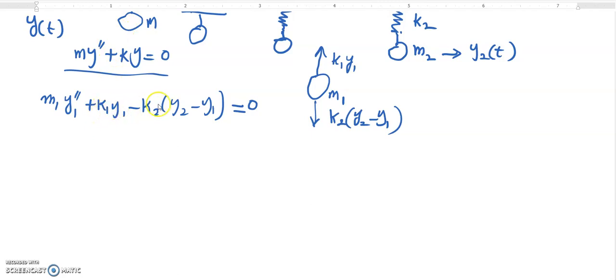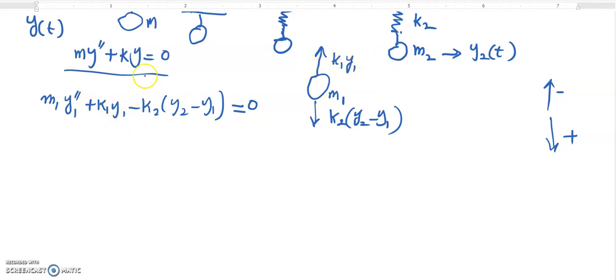Remember that when we are setting up these equations, our force direction convention is the same as before: downward forces are positive, upward forces are negative. However, because I have taken the k1 and k2 forces on the same side as m1 y1 double prime, it appears that I have taken the upward force as positive.